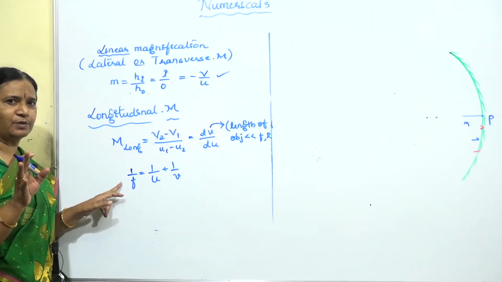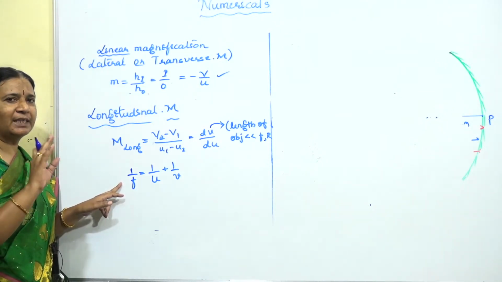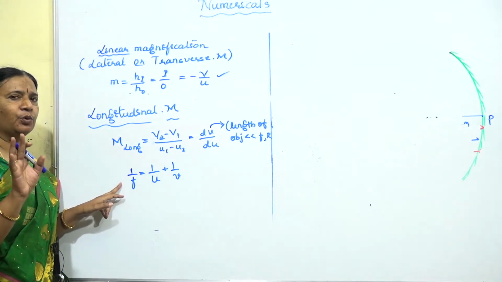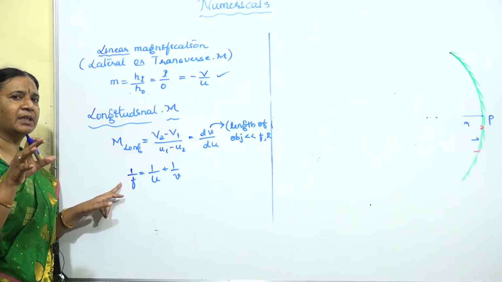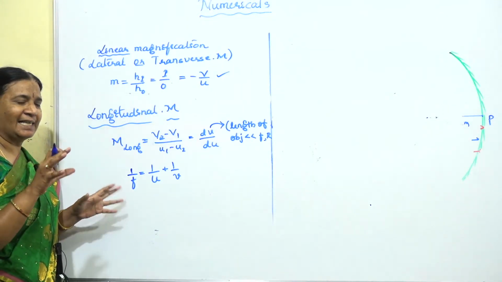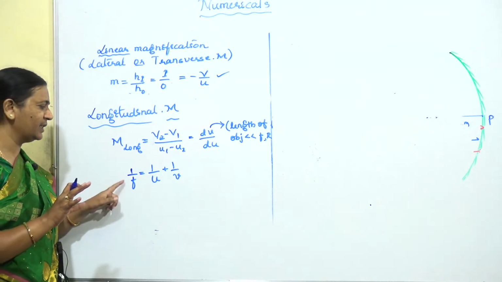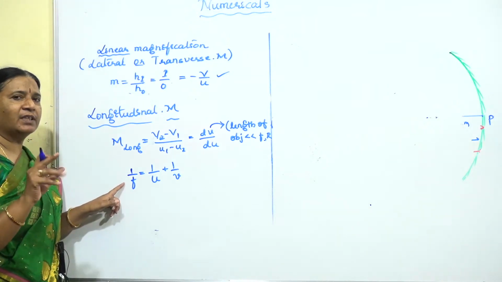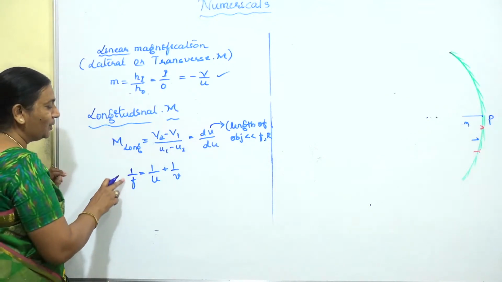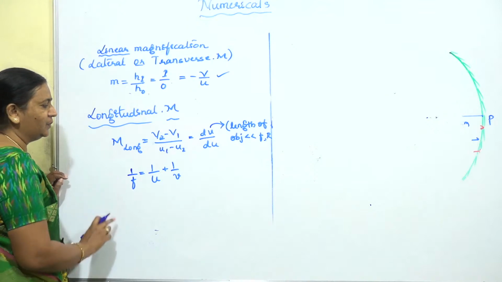It won't, because focal length depends only on the cutting of the mirror and its radius of curvature. It won't depend on whether you keep the mirror in air, water, some other liquid or gases. So it doesn't make any difference. F remains the same with time, unless you break and cut the mirror, which is a different matter.